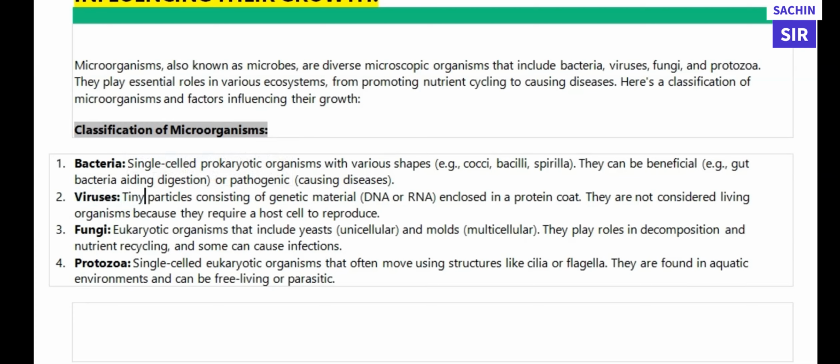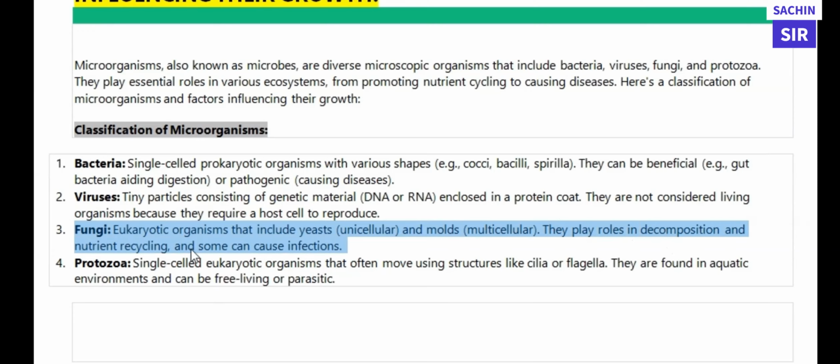Viruses: tiny particles consisting of genetic material, DNA or RNA, enclosed in a protein coat. They are not considered living organisms because they require a host cell to reproduce. Fungi: eukaryotic organisms that include yeasts, unicellular, and molds, multicellular.